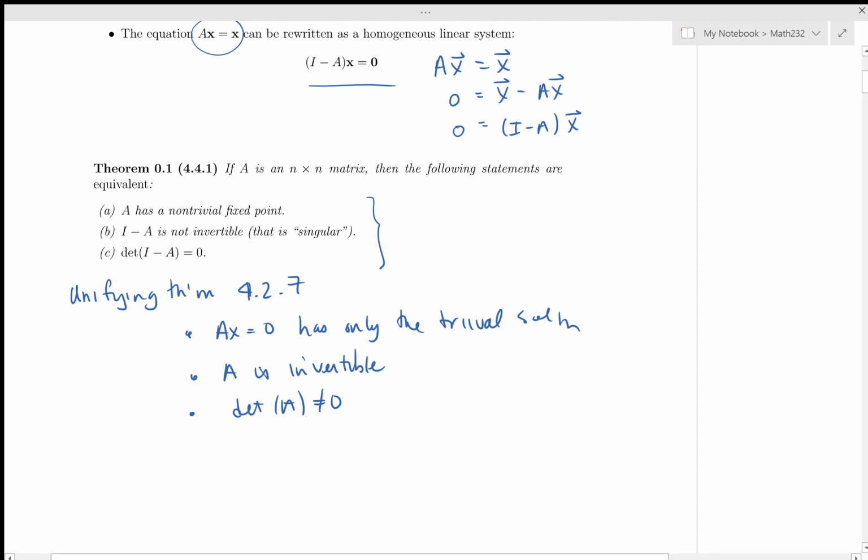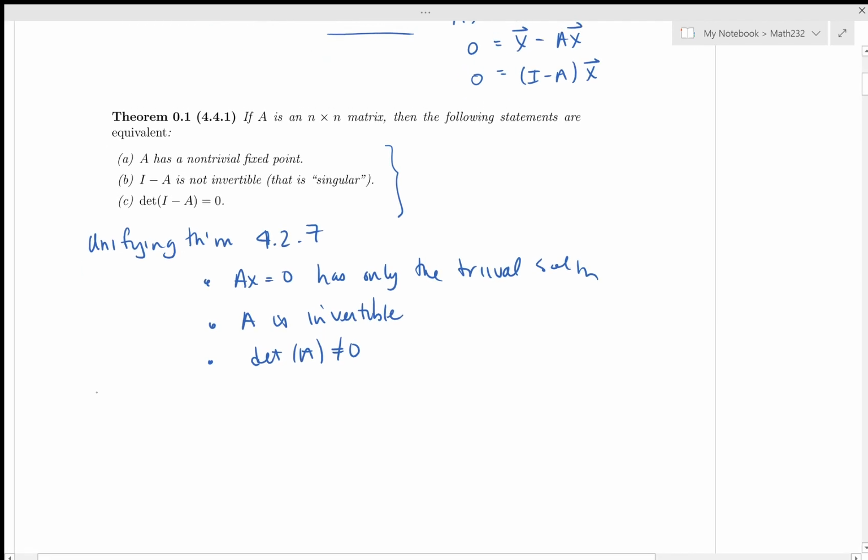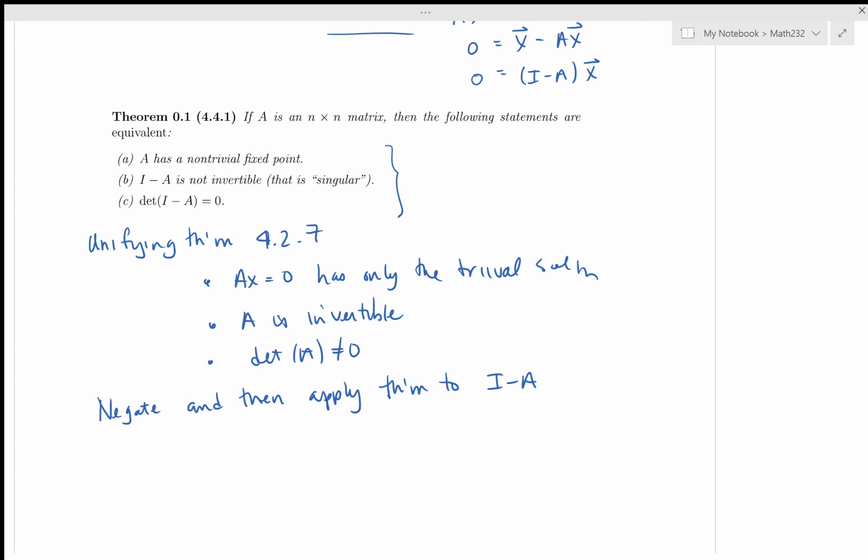So we negate those three things, and then we apply that theorem to the matrix I minus A, and then you'll get theorem 4.4.1. It's actually, in some sense, nothing new. It's just an application of what we've already seen before. Okay, so that is the fixed point scenario.